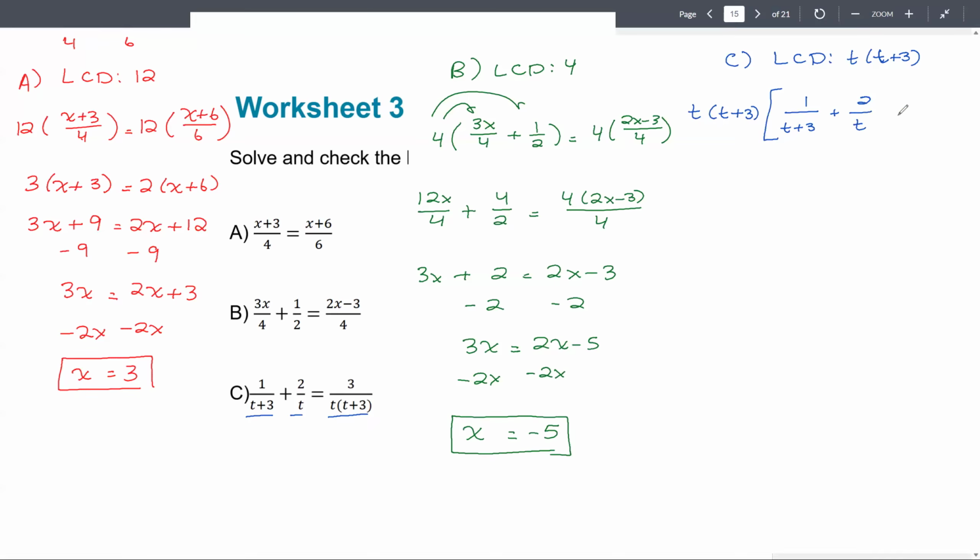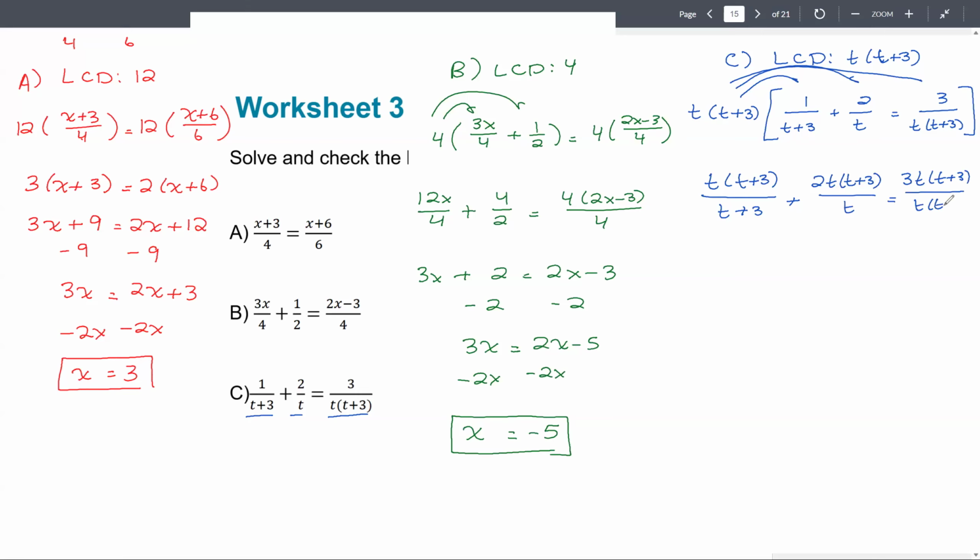This is not something you see often, but you can do this, just to save room. So I know this has to distribute to everything in here. So I'm going to have t plus 3 over t plus 3, I'm going to have 2 times t plus 3 over t is equal to 3 times t plus 3 over t plus 3.